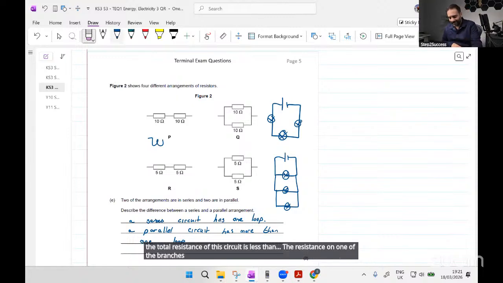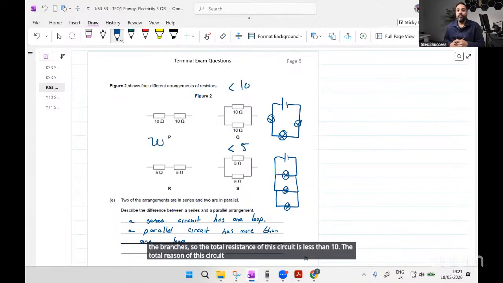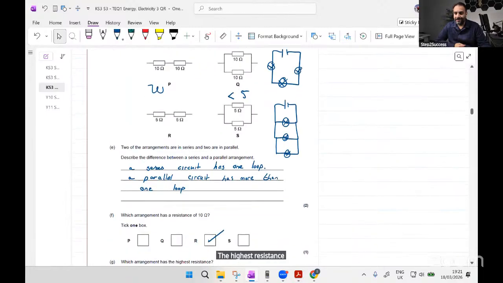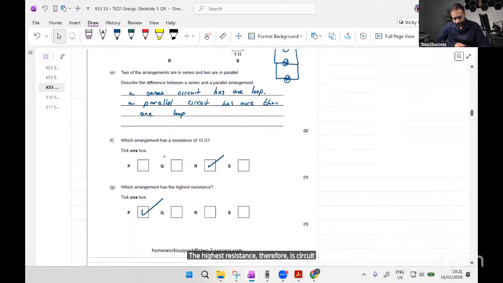So the total resistance of this circuit is less than 10. The total resistance of this circuit is less than 5, which doesn't logically make any sense because 5 add 5 is 10. So how can the total be less than 5? It is just the way parallel circuits work. So the highest resistance, therefore, is circuit P.